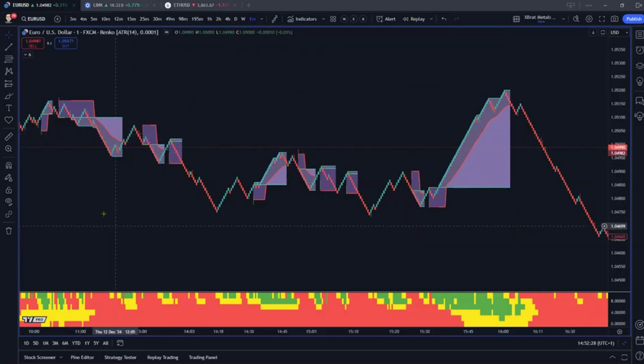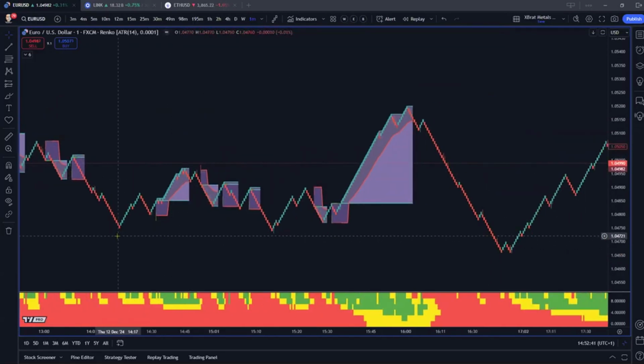From 11 a.m. this day on the 12th of December, we got a short, that's a trailing stop. It's a winner. We've got another short here, trailing stop winner. Long is a loser. There's no 100% here. Then we roller coaster: long, short, winner, long, loser, long, loser.